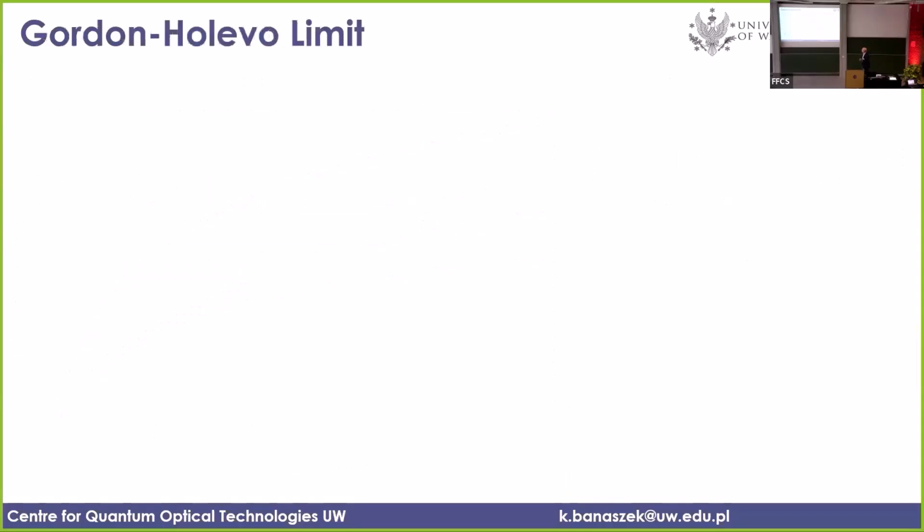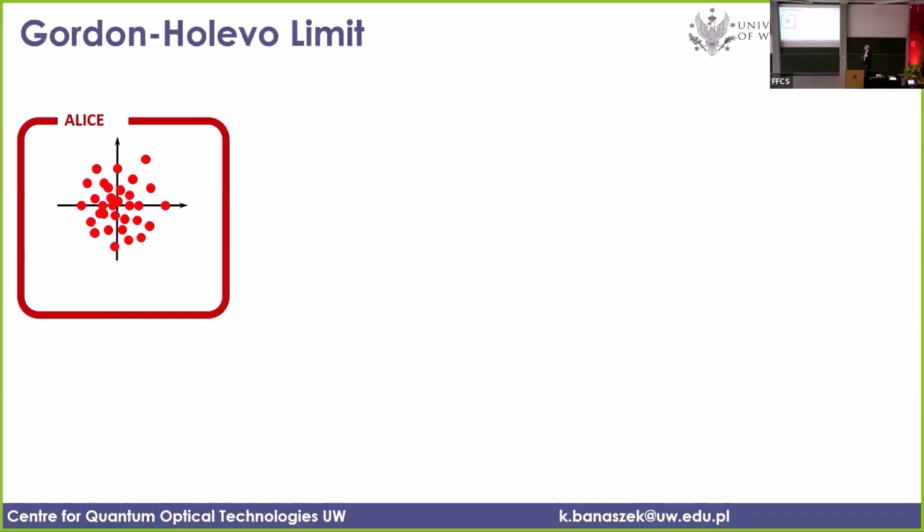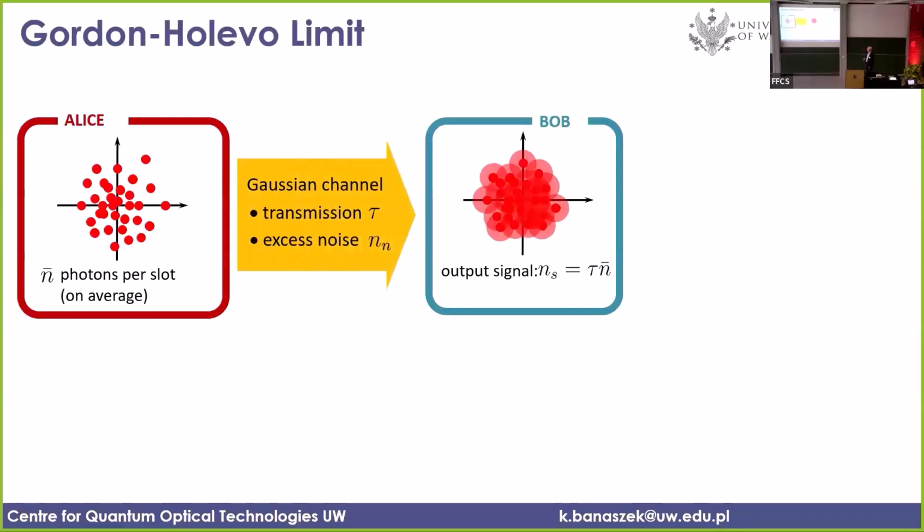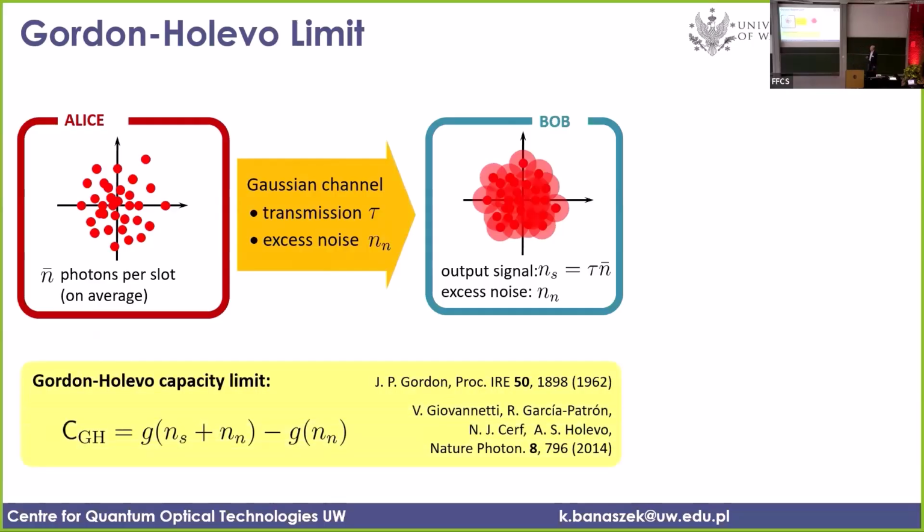scenario. However, if smart people do a complete quantum mechanical analysis of how much capacity a Gaussian channel has using the full quantum mechanical picture, we arrive at a very nice expression that was shown by Yanis in a slightly different form.